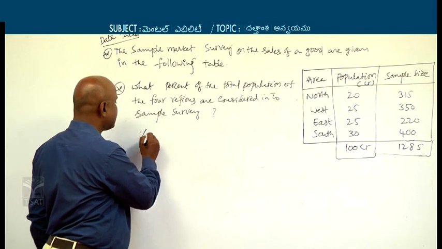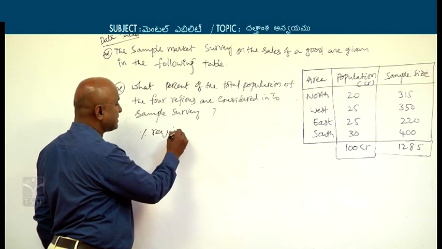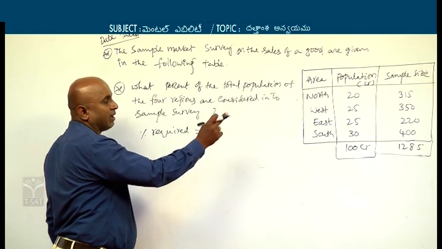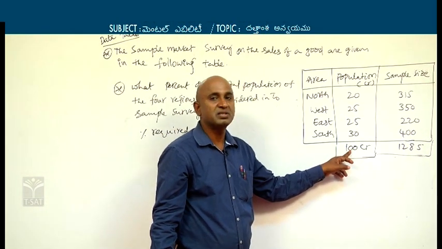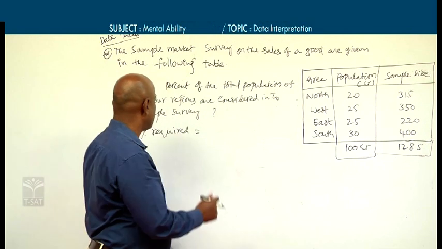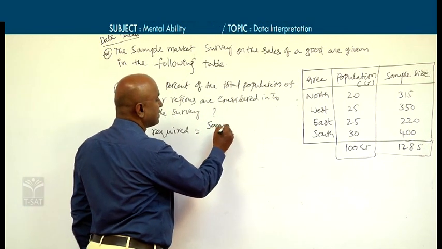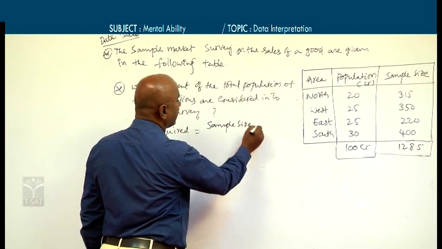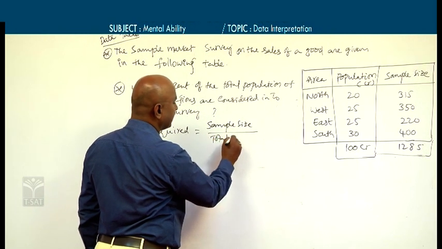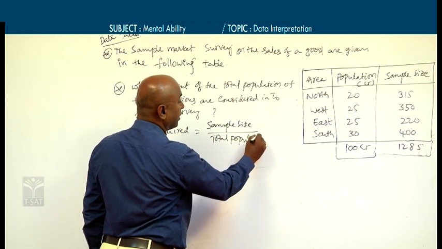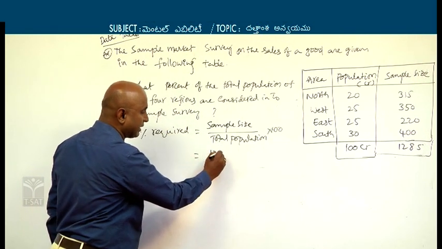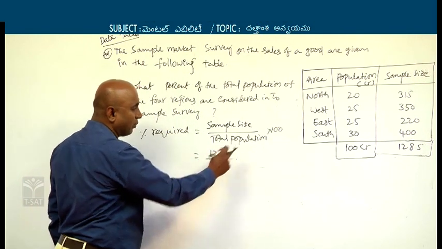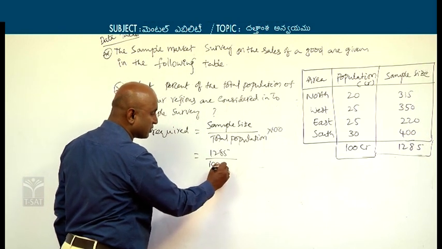So percent required is equal to sample size by total population into 100. The sample size is 1285, and the total population is 100 crores.